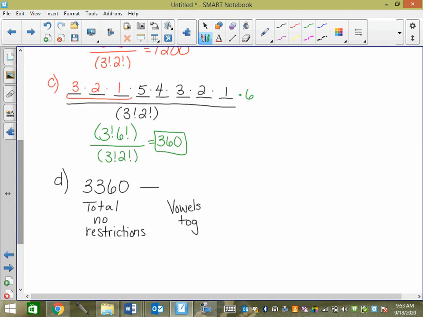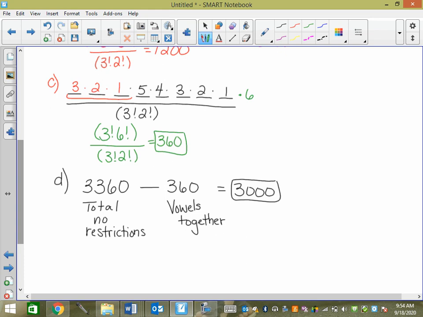How many cases when the vowels are together? 360. We already did it. So our answer's 3,000. I can ask this the same way if I'm making people stand in a row, and I say these two get in a fight and they can't stand together. It's the same thing. I just won't have the factorials underneath because I won't have repeating letters, because it's just people.